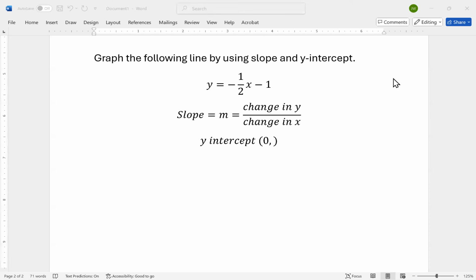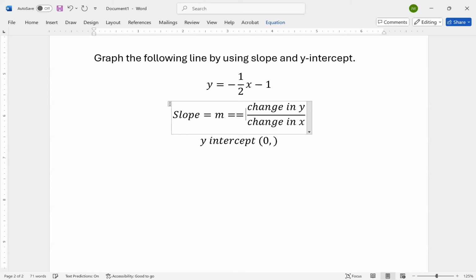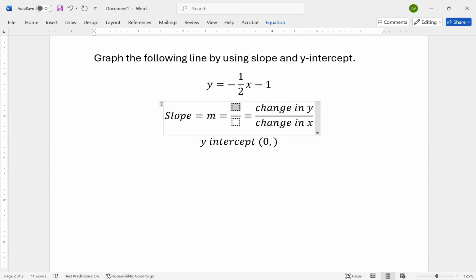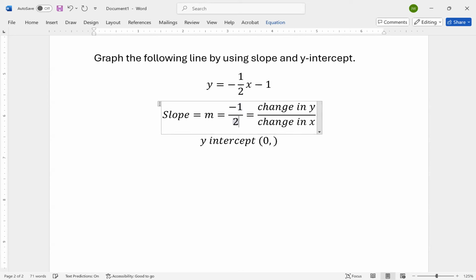In this case, it's pretty straightforward to see that my slope is negative 1/2, which, again, because I want to think of this as a fraction, change in y over change in x, I'm going to think of this as a negative 1 over a positive 2.